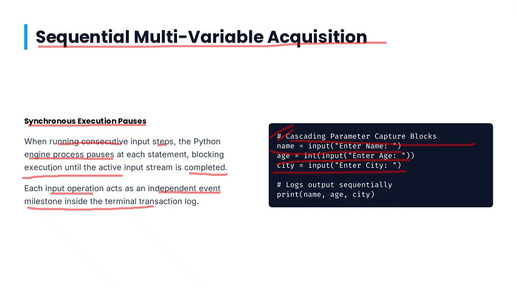So we are giving int(input) and we are not giving str(input) in the case of string. Logs output sequentially: print(name, age, city). Here the name will be printed first, then the age, and then the city.